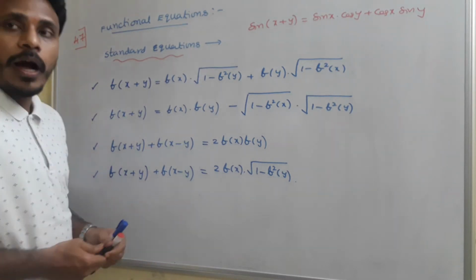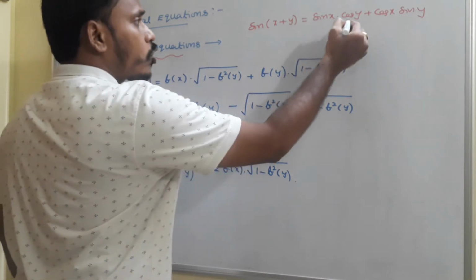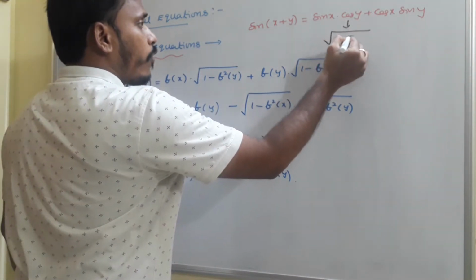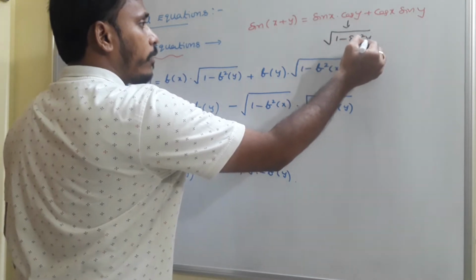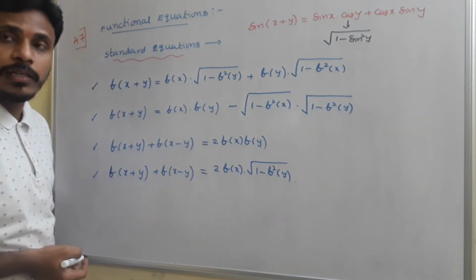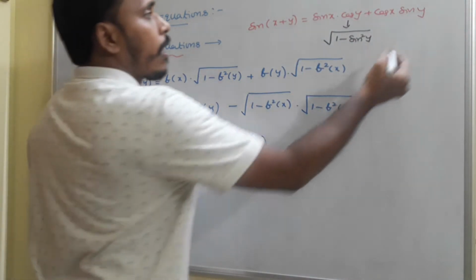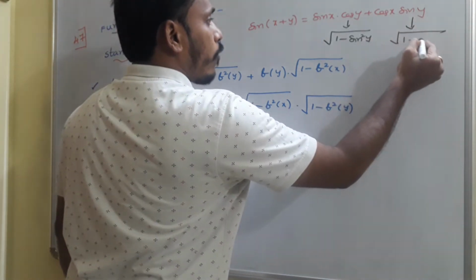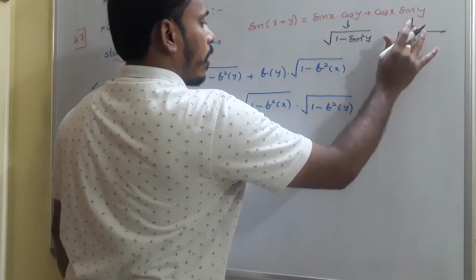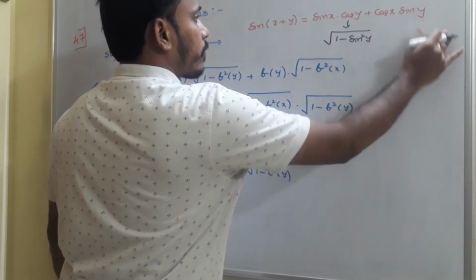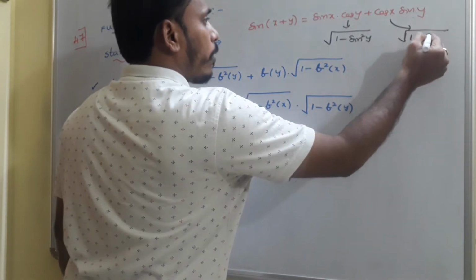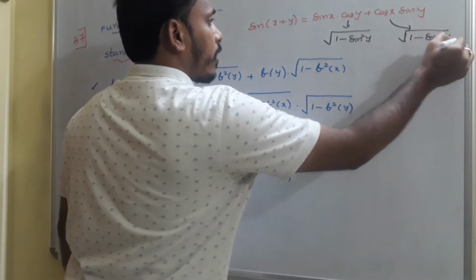We have a chance to rewrite this cos y as square root of 1 minus sin square y. Square root of 1 minus sin square y is cos y only. This cos x can be rewritten as square root of 1 minus sin square x.